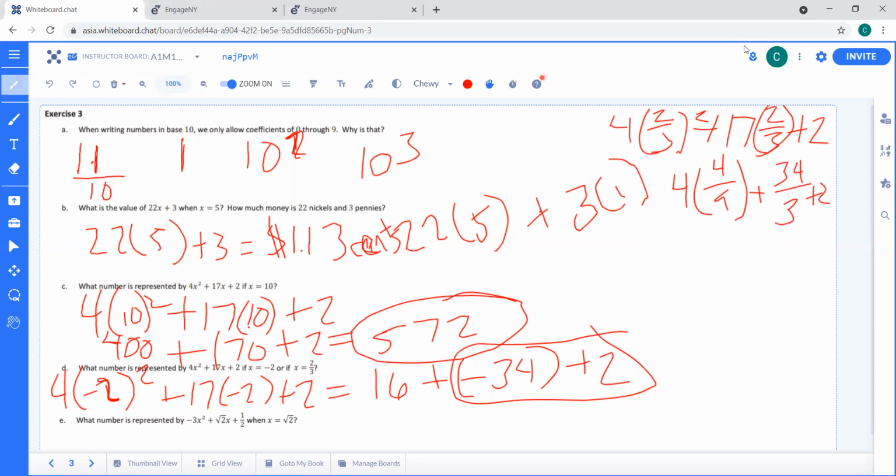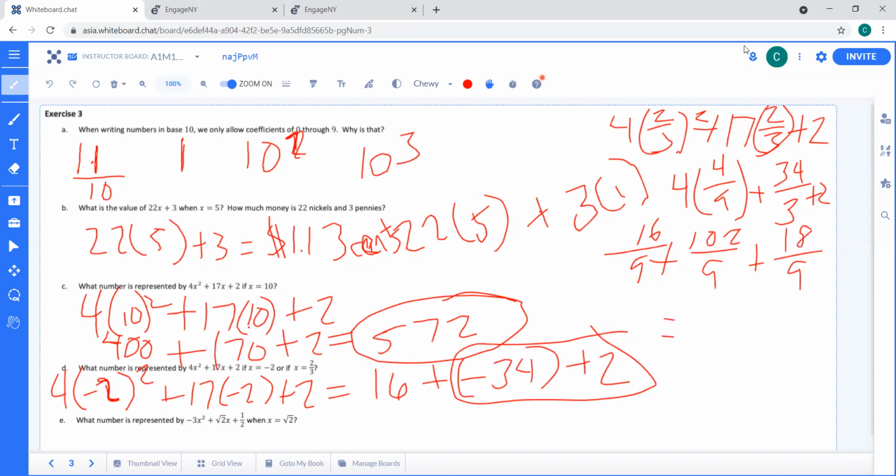And so we're going to need common denominators here. So let's go back, and 4 times 4 is 16 over 9 plus, well, this has got to be over 9. So we multiply 3 times 34, which is 102. Okay. And then plus 18 over 9. Yeah, that's looking better.